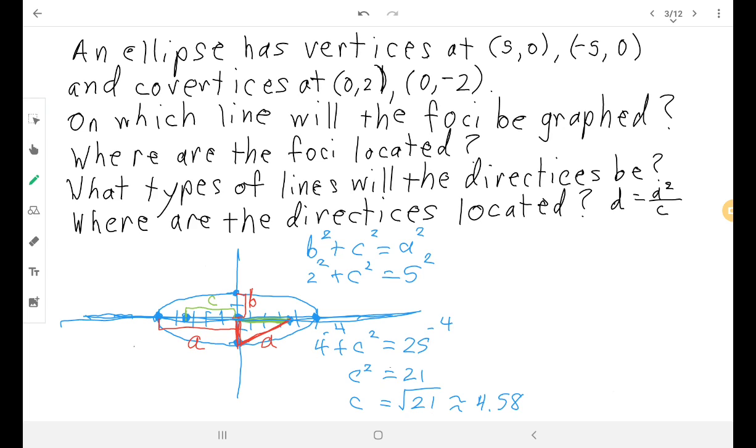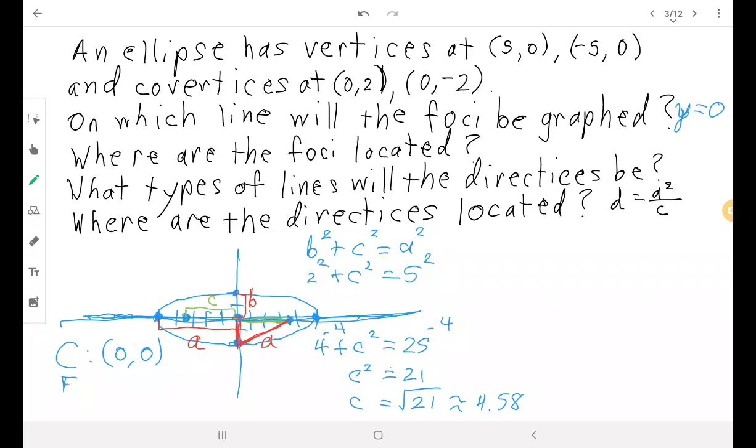They're going to be on the line y equals 0. So that's one thing that we can tell. Where are they located? Well, they are this distance, actually only approximately that distance, so really that distance, away from the center. So if you think of it this way, the center is at the point 0, 0, and never moves up or down. So this 0 is going to stay static, right?